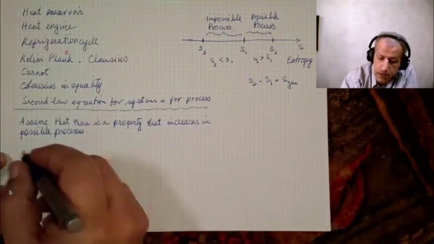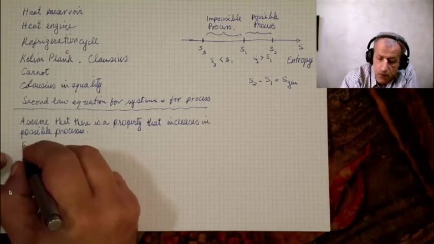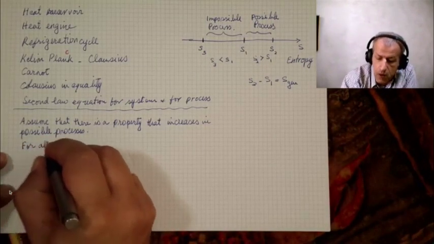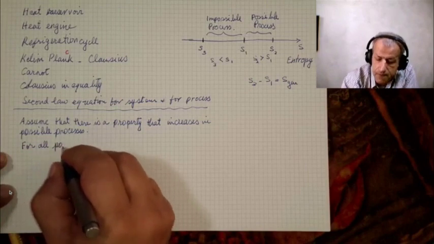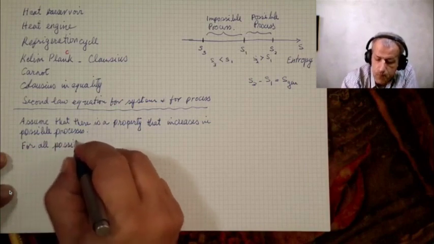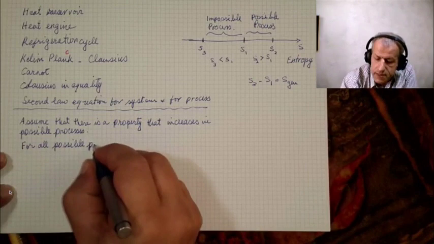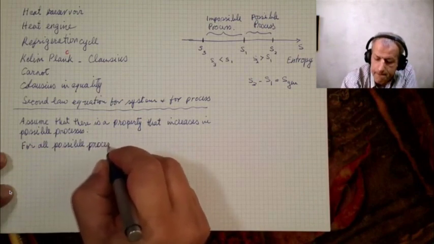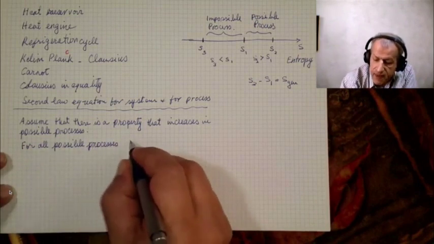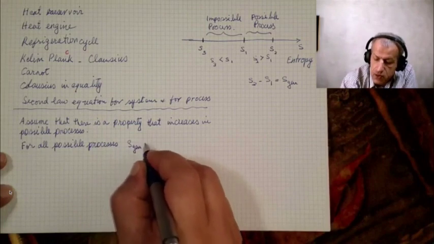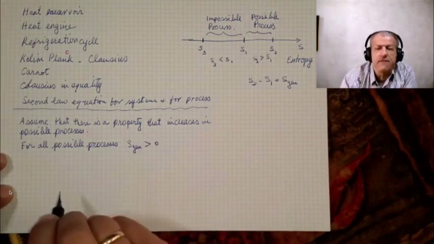So for all real processes, for all possible processes, Sgen should be positive.